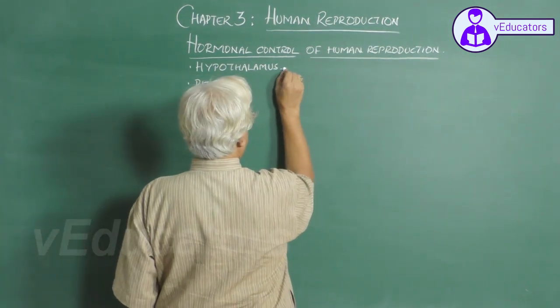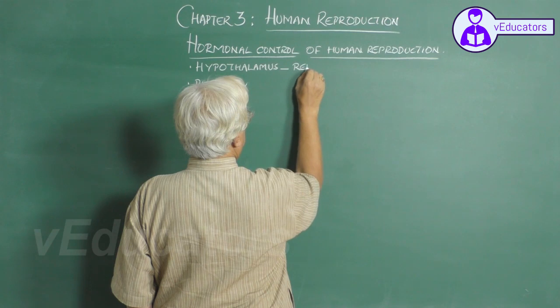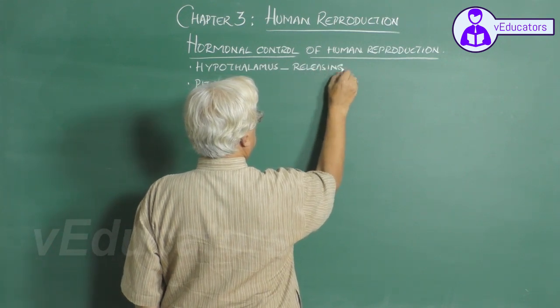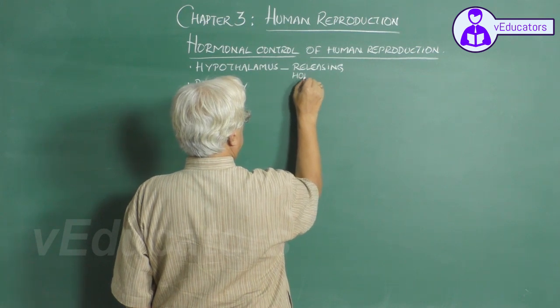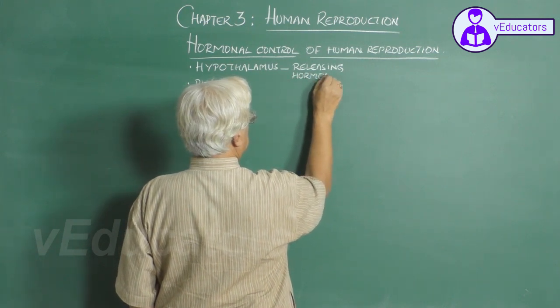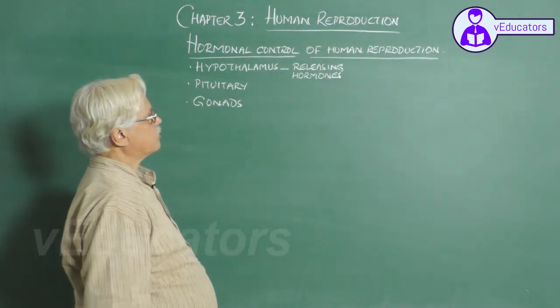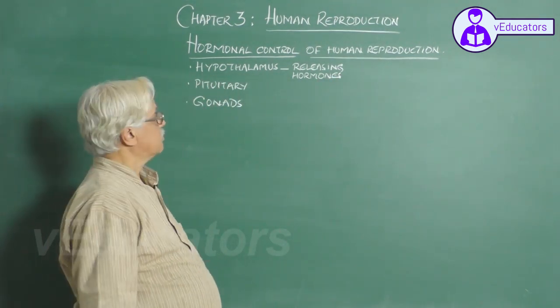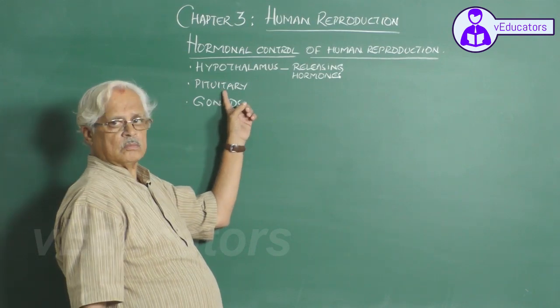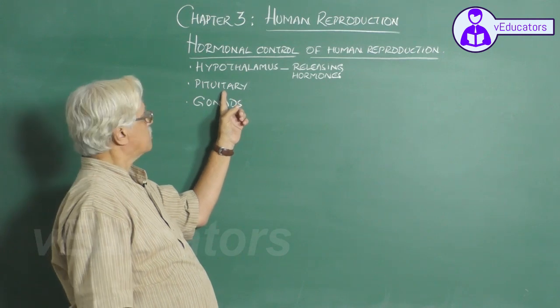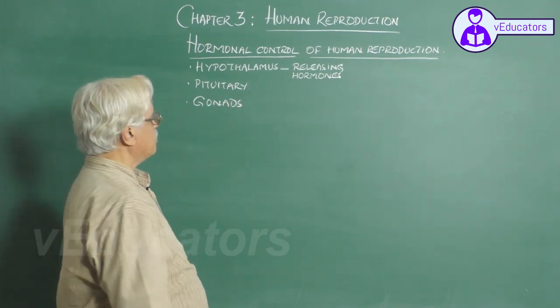Hypothalamus produces what are known as releasing hormones. These releasing hormones promote the release of reproduction controlling or reproduction related hormones produced by the pituitary.